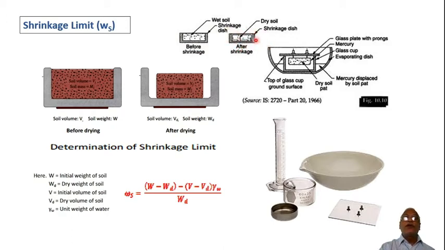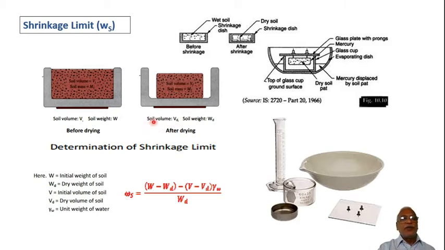And then after 24 hours, when you come back and take out the dish, what happens is the soil gets converted into a fine cake, like a dry soil pat we refer to it as, and it will be shrunk in volume. So after shrinking, it will be into a soil pellet like that. There is a shrinkage dish in which the shrunk soil pat would be there.